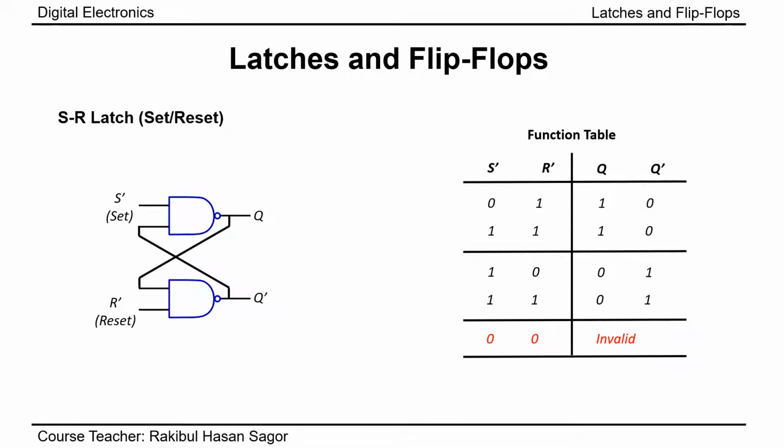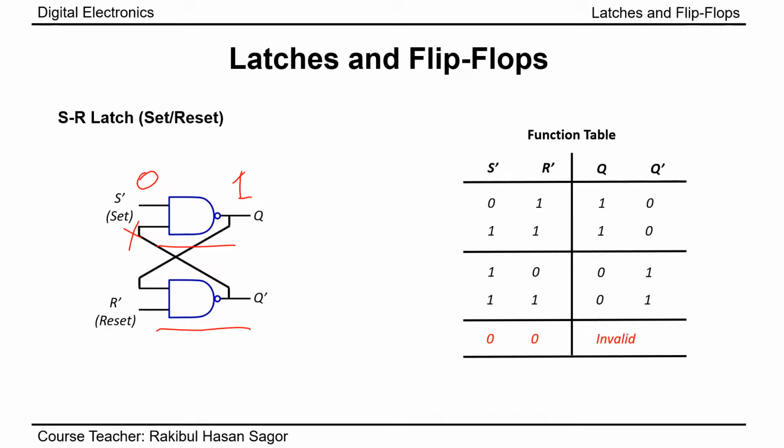Here, the same SR latch is designed using two NAND gates. Unlike the previous case, the NAND gate has a unique feature: if one of the inputs of the NAND gate is 0, the definite output of the NAND gate is 1. We do not care about the other input.